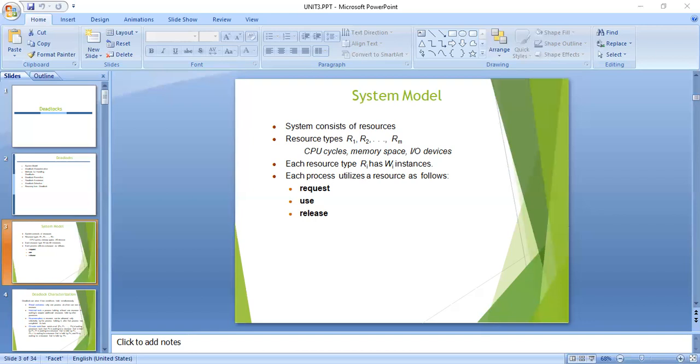Next, the third point is Pi requests an instance of Rj. As I discussed in the previous slide, if the directed edge is moving from process to resource, then it is called a request edge.